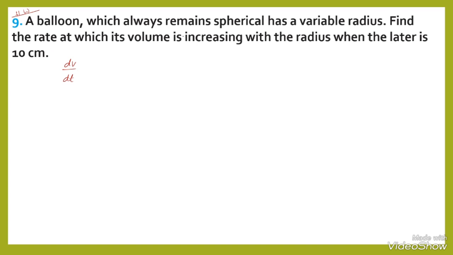The rate of change of volume is increasing with radius, so in place of dt, with respect to radius only. That's why dV by dr. So calculate and comment the result on this problem.